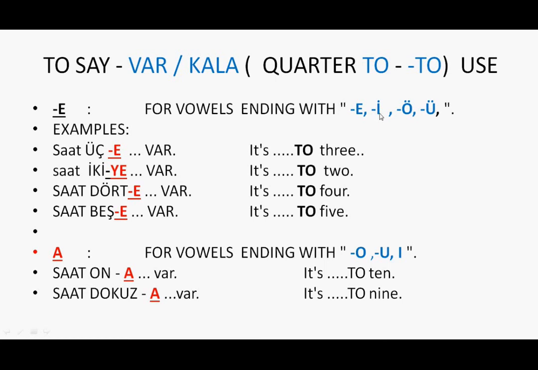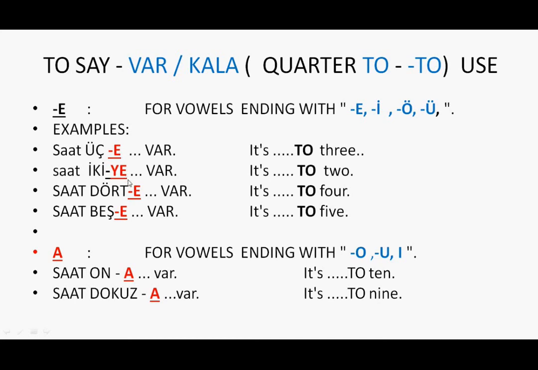If any words finish with these, we put E as suffix, guys. Okay, example: saat üç, e. Be careful, guys. Bear in mind, we use here to, not past. So that's why we use here E. Saat 3 blah blah var. 3'e. Saat 2'ye.